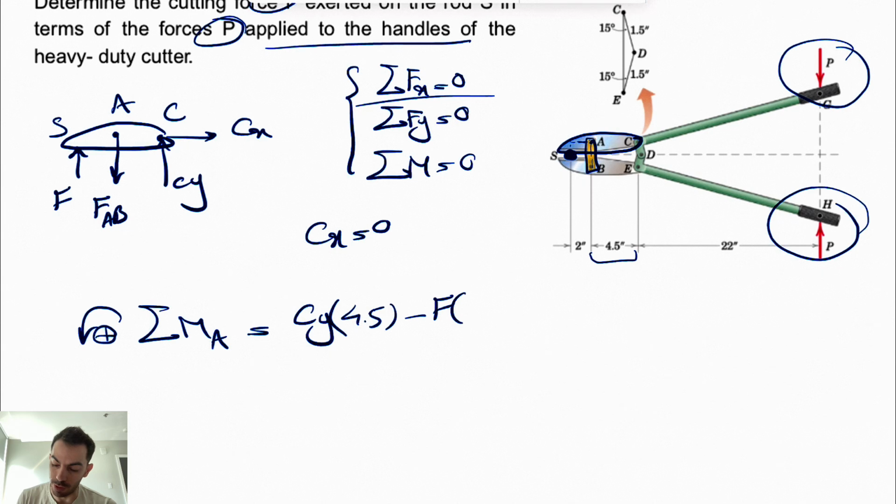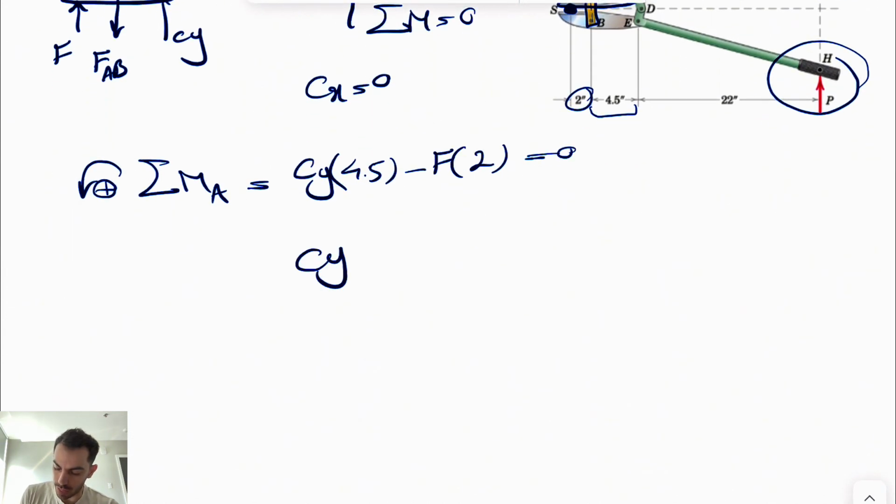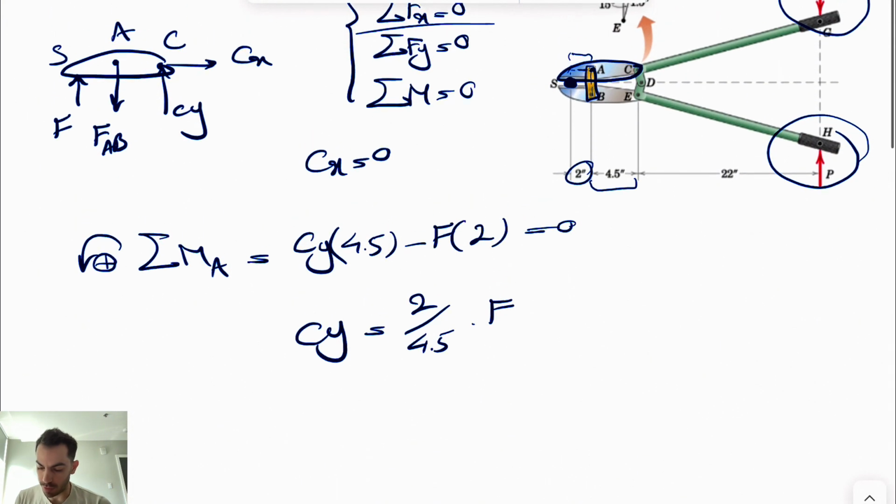Keep in mind that we are interested in the vertical distance from A to the line of action of the force, which is 2 inches. So the sum equals 0. So far we figured that Cy is actually 2 divided by 4.5 times F. That's pretty much everything for this member.